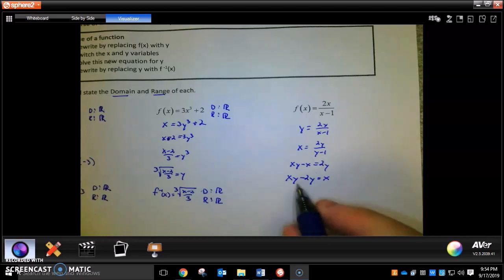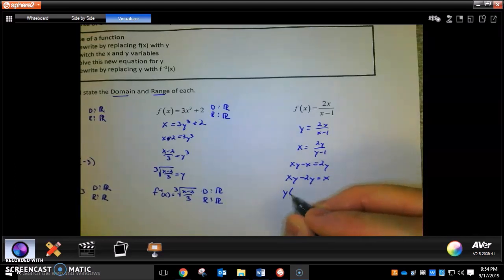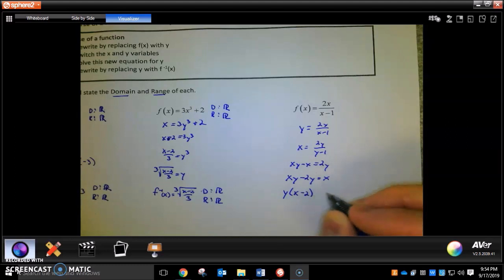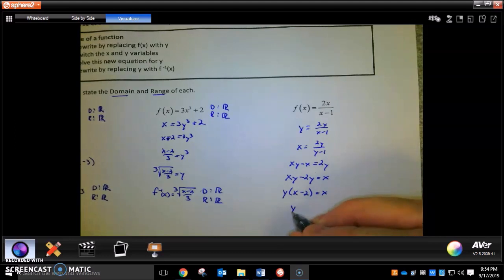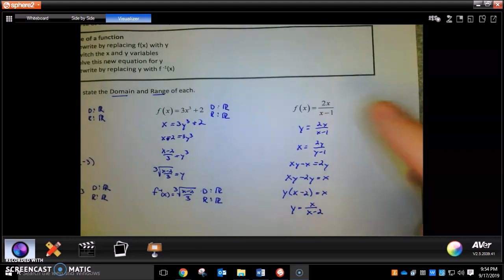The reason we do that is because now these two y's are a common factor that I can factor out. And then I can just divide by the x minus 2. And this is the inverse function of that.